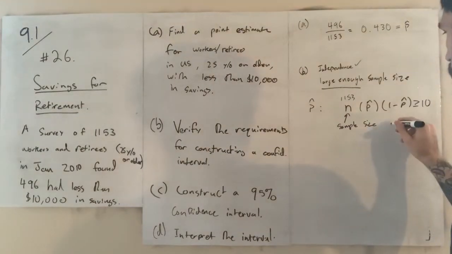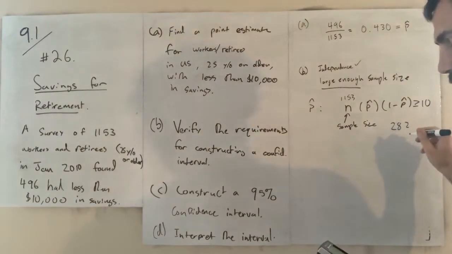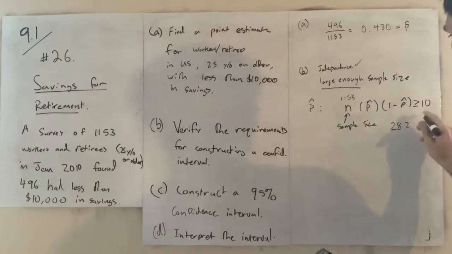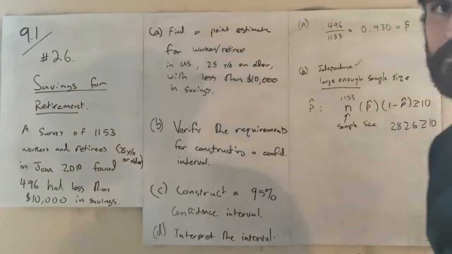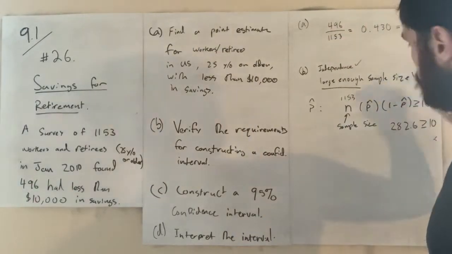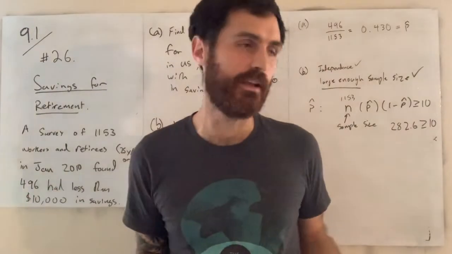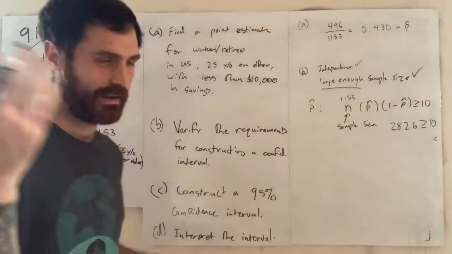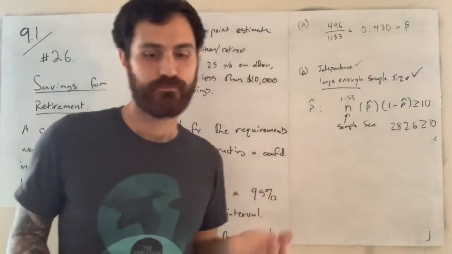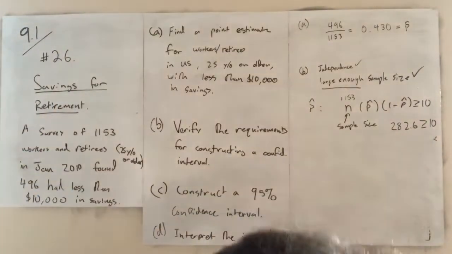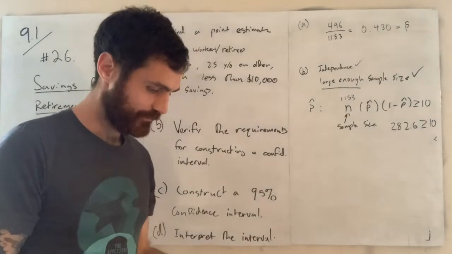And that's going to be 282.6, which is definitely larger than 10. So that works out. It's definitely large enough. And maybe you're thinking, I knew that, I could do that calculation in my head. Well, it's good to do it in the calculator too, so you get verification.